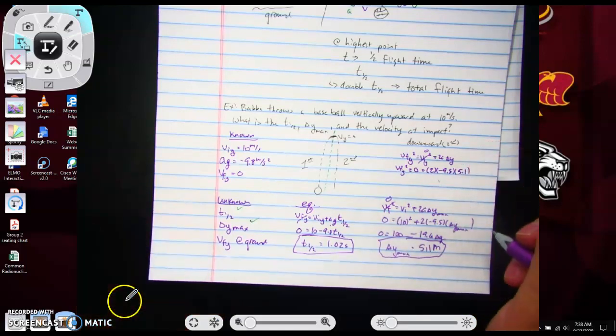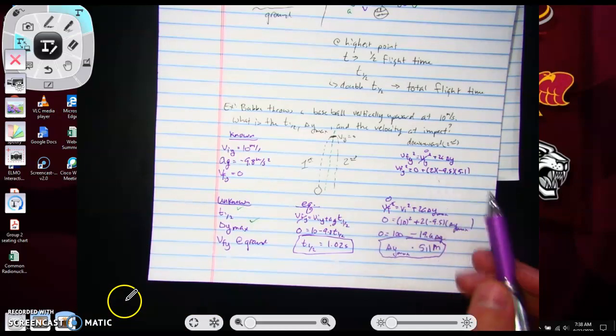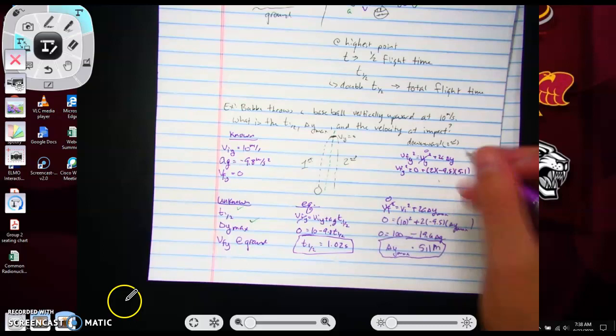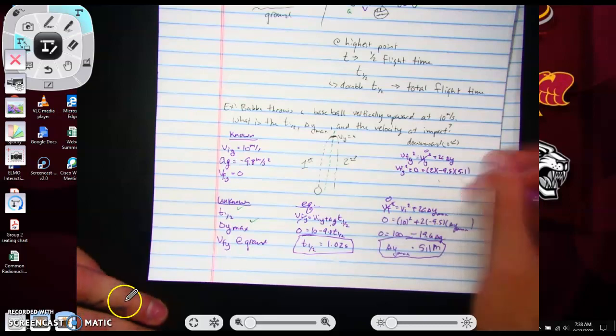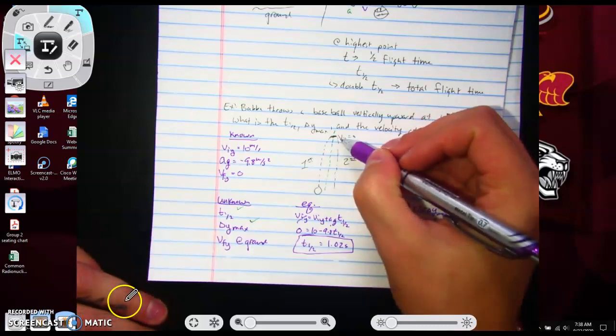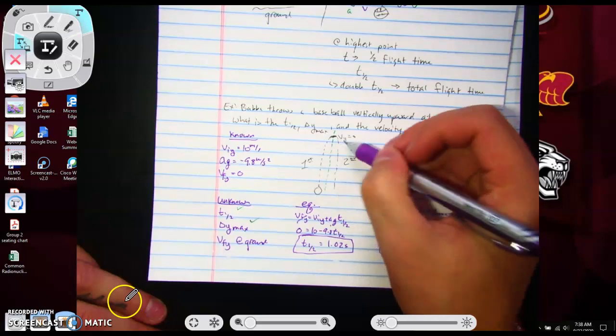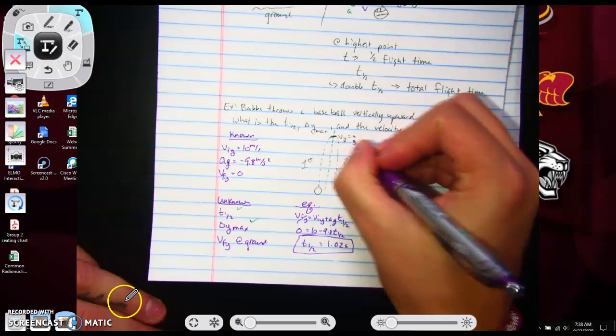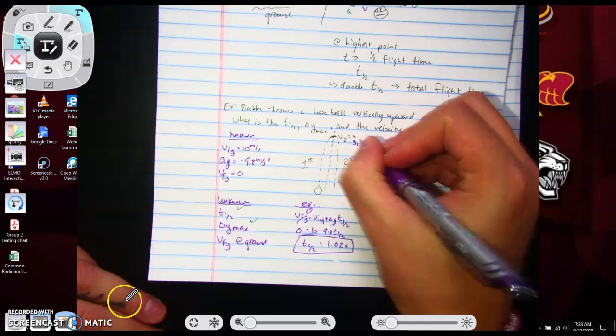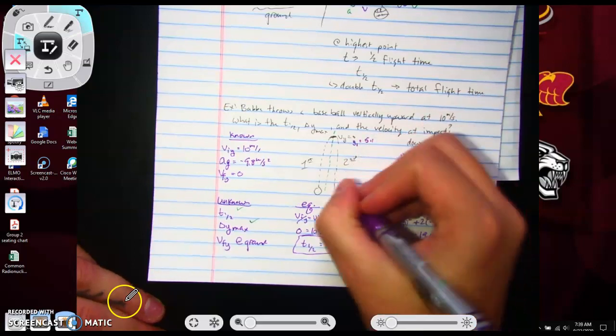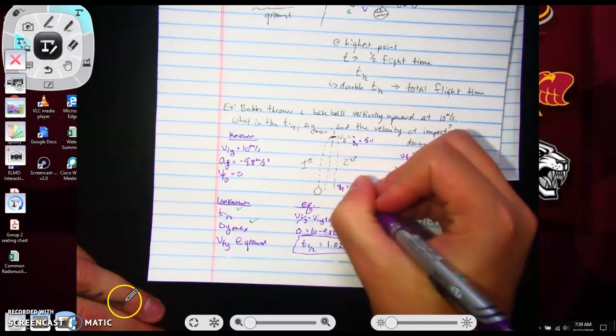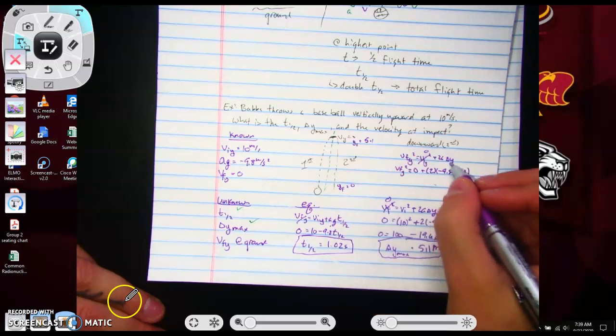Okay? So let's get the little calculator and multiply these things together. Actually, this is 5.1. Let's take a look at this. So I'm starting up here, and I'm dropping. So we think of this: Y initial is 5.1, Y final is 0. Well, this is change in Y, right?